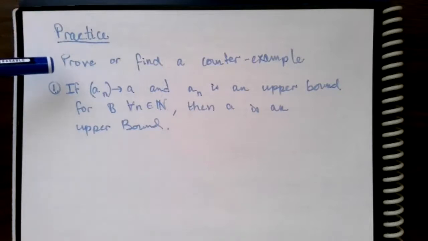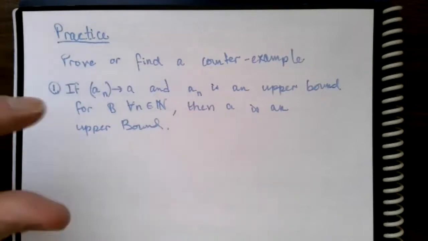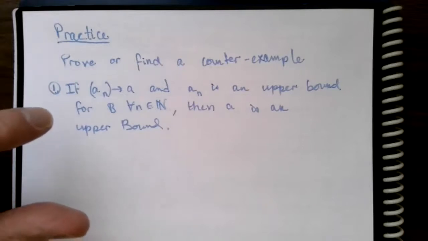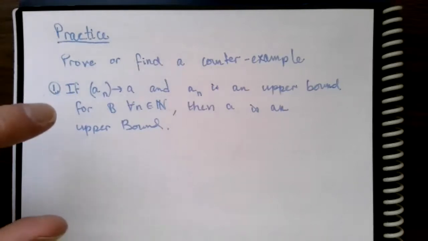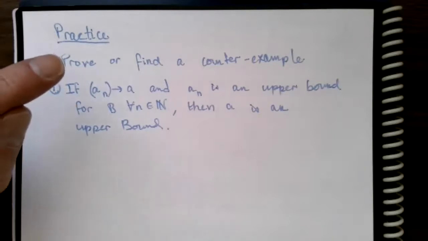When I phrase a question like this, I don't mean you can do one or the other. Either the statement is true or it's not. We have to decide which it is. We have to make that decision first. If we are thinking that the statement is true, then we'll need to prove it.